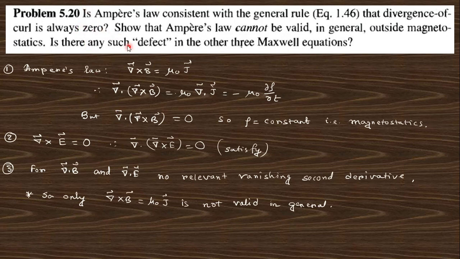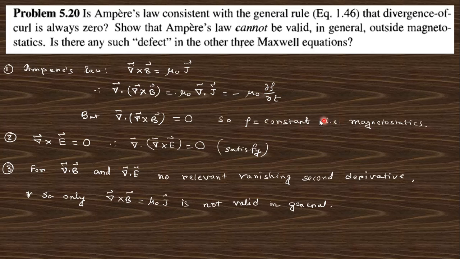The next question says, if Ampere's law is consistent with the general rule, that is 1.6, that is the Ampere's law, that divergence of curl is 0 always. So divergence of curl, this is curl of B right here. If you take divergence of B, it gives you this.